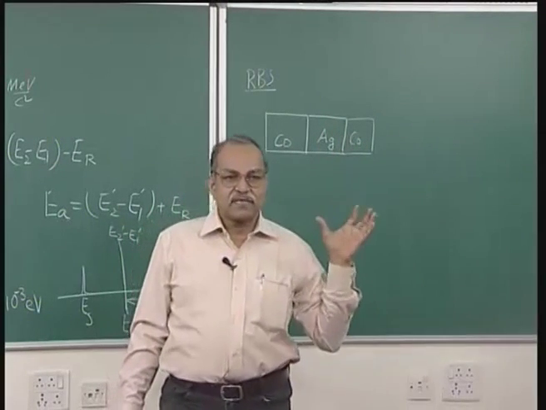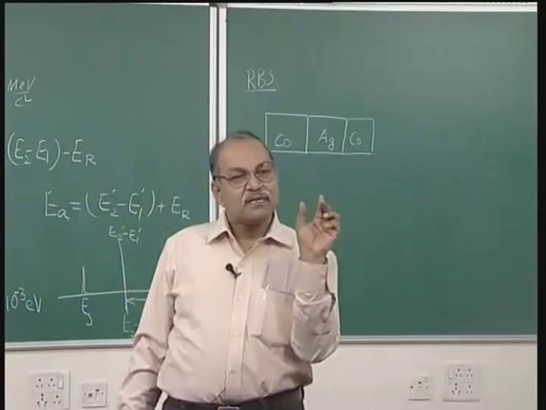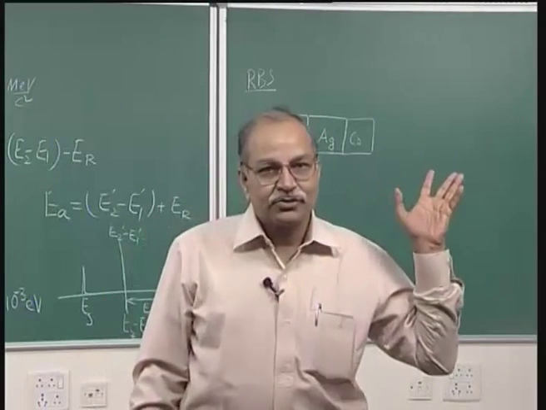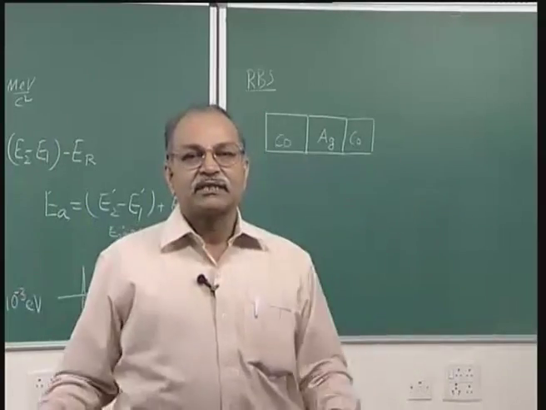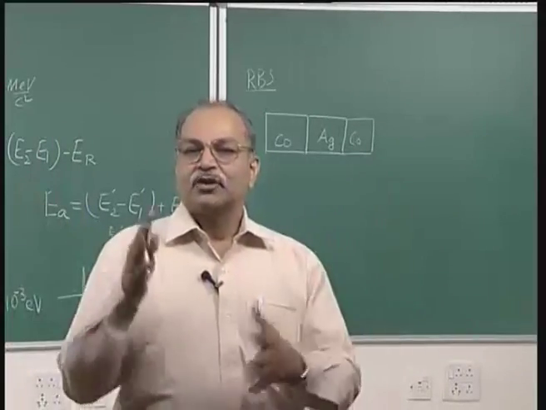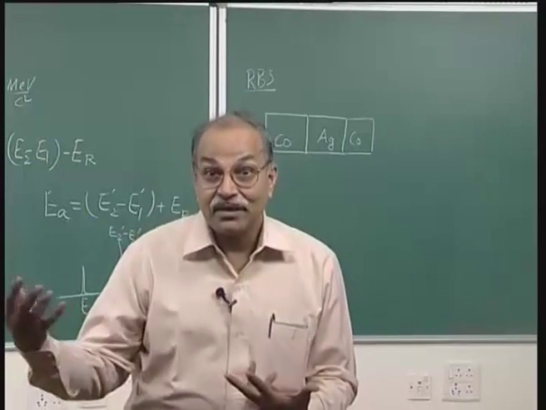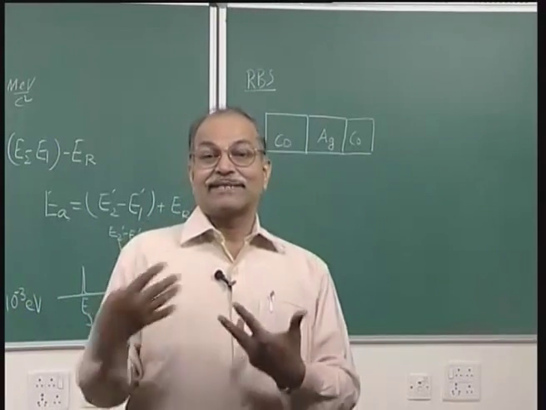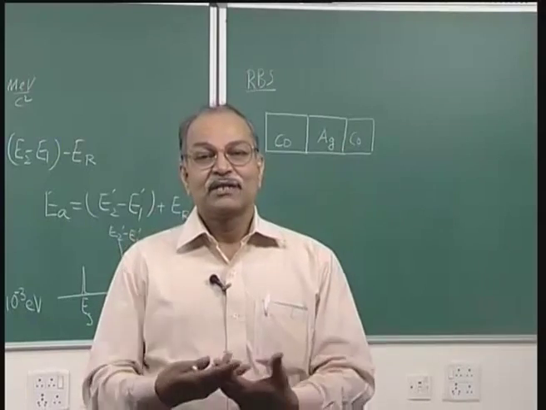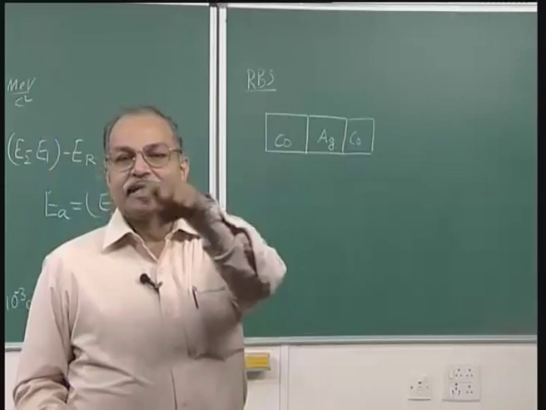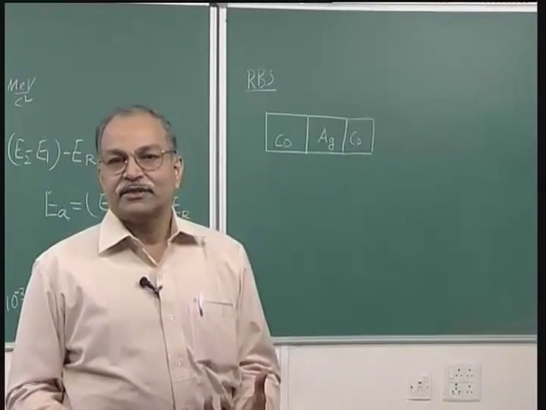This kind of structure, with proper thicknesses and proper choice of material, with ferromagnetic materials separated by non-magnetic materials, is used for GMR, giant magnetoresistance, which is used in hard disks in computers, for reading the data from the disk and so on.